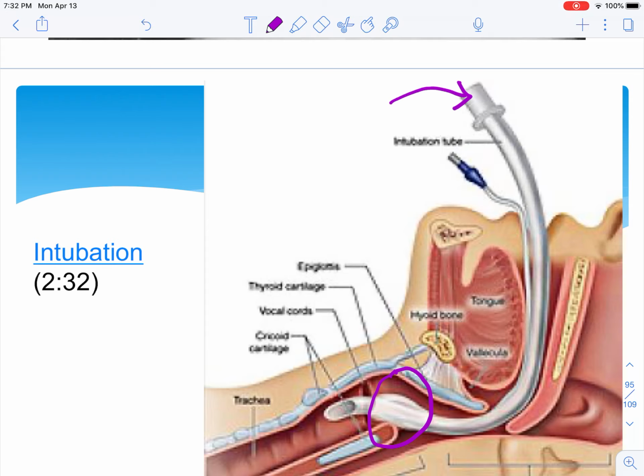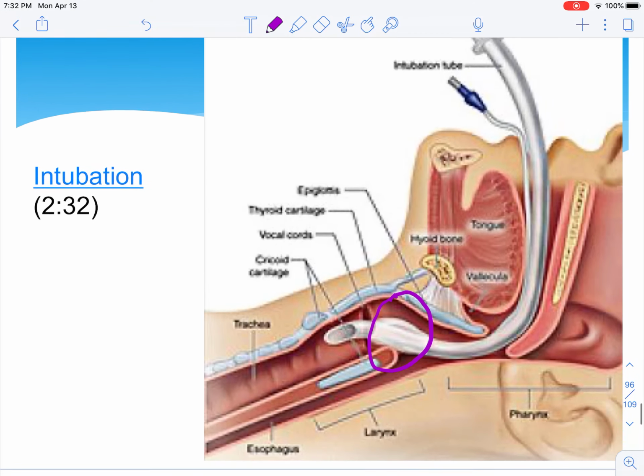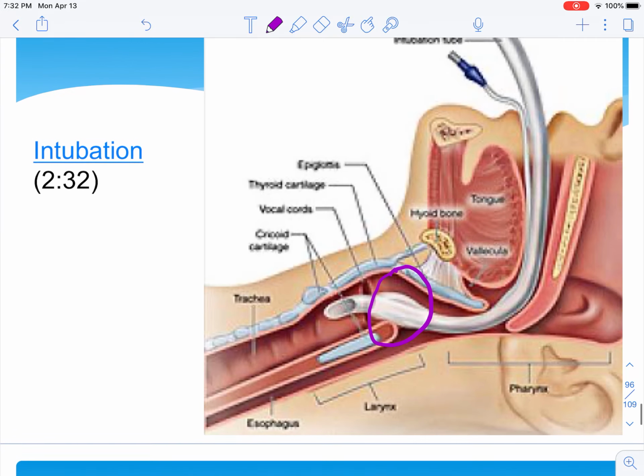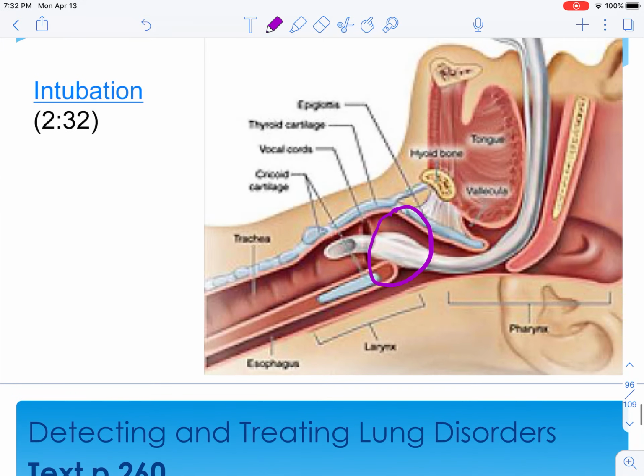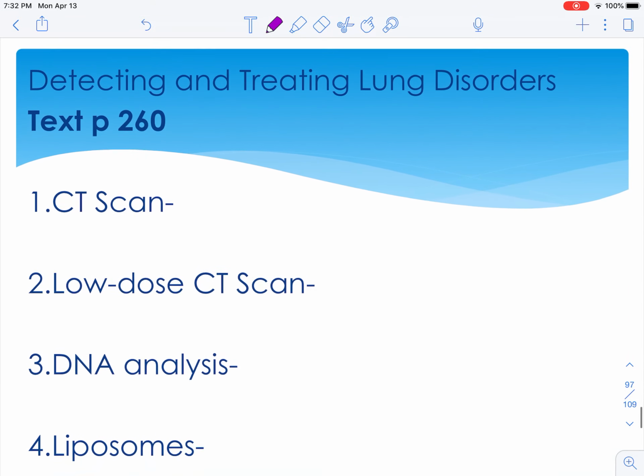So then all the air going into the tube was going into the lungs, showing how the lungs become inflated. And I can likely find a video for you to see how that looked.